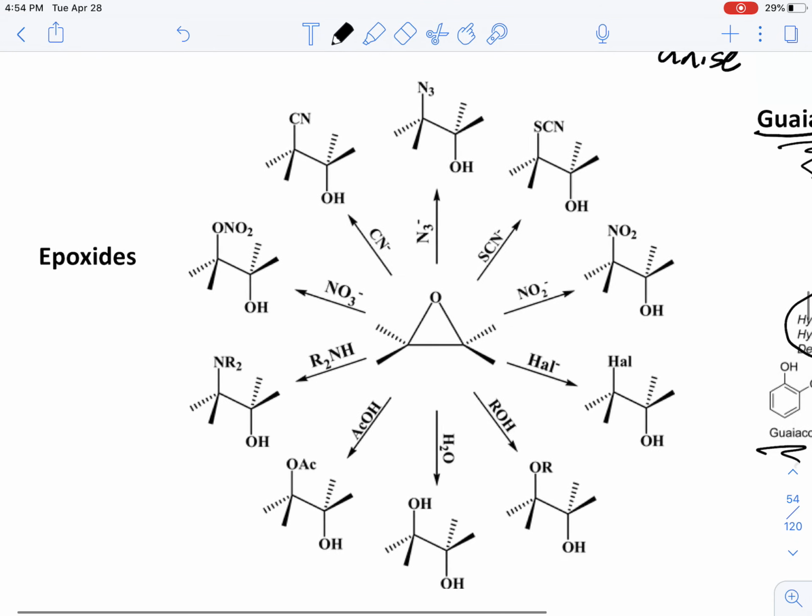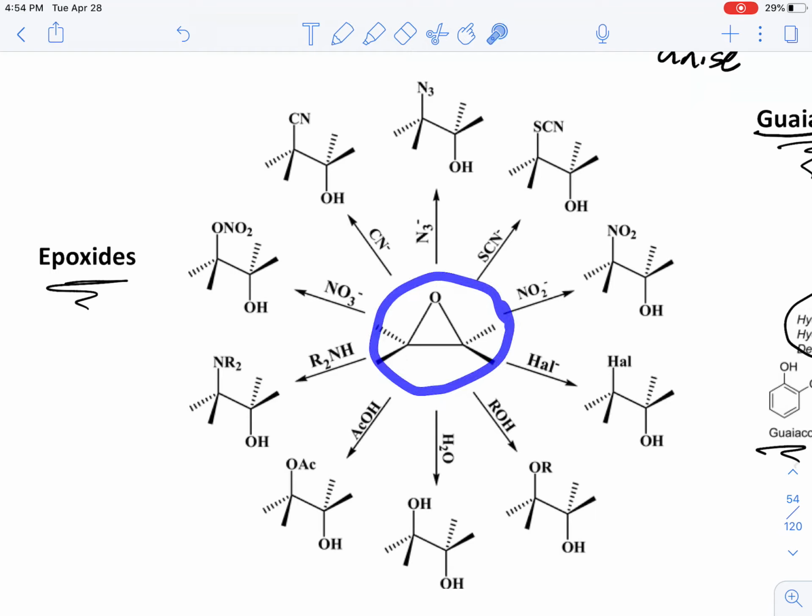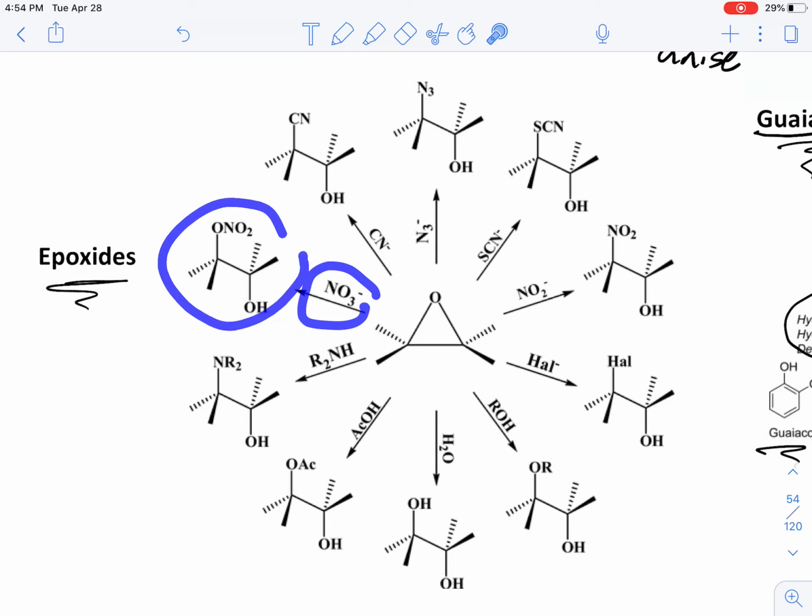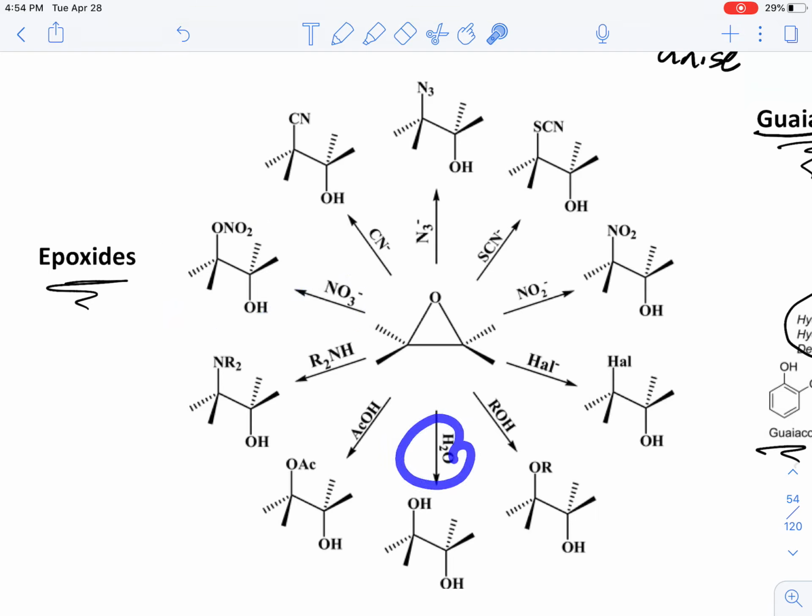And here, remember I mentioned earlier that epoxides are super reactive. And so here, if we have this central epoxide, if you treat it with nitrate, it can produce this compound. If you treat it with water, you get a diol, two alcohols. And just the list continues. You guys can go around in circles. You guys can look at the different products that are formed.